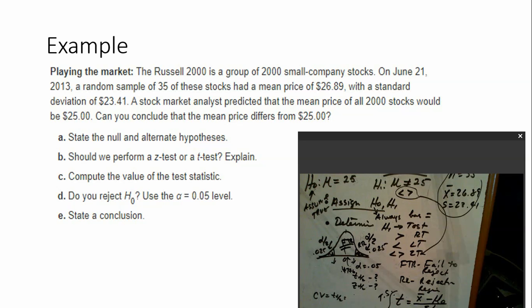In my inverse t, my area to the left is 0.025. For degrees of freedom, I'm going to enter my df, which is 34. That's my n minus 1.